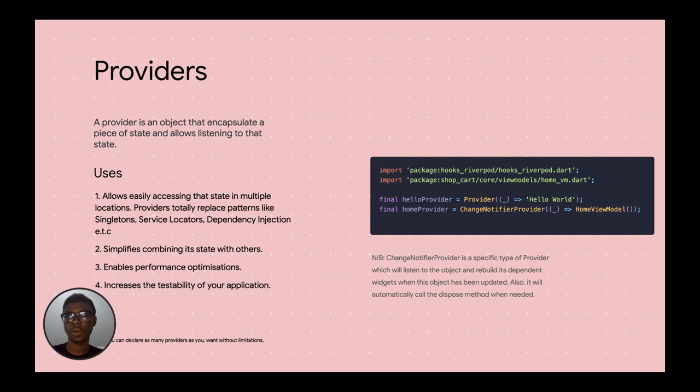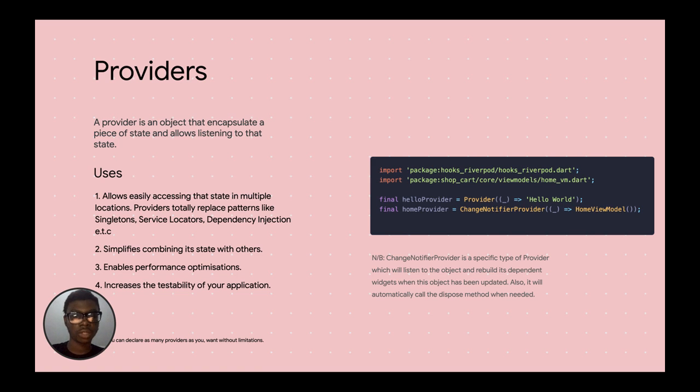We've been talking a lot about providers, so we might as well explain what a provider is. A provider is basically an object that encapsulates a piece of state and allows listening to that particular state. So a provider takes this state, encapsulates it, and gives you access to listen to it and then modify it later.